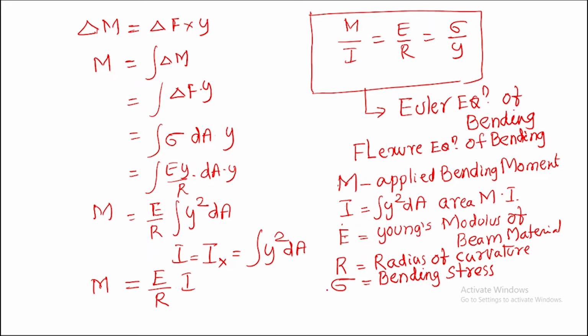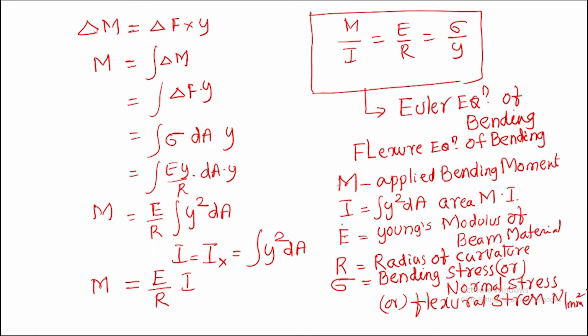That stress is called normal stress. This is also called normal stress, because bending stress is always normal stress. Or we can call it flexural stress, because in numericals they can give different names. Flexural stress. The unit will be Newton per mm square.